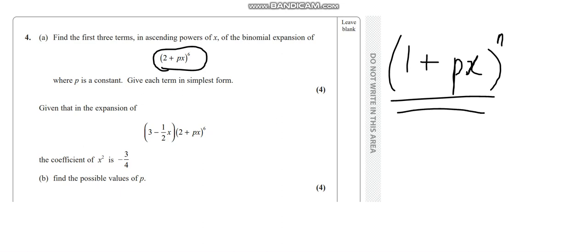But as you can see, we have 2 here. So what we can do is take that as a common factor and take it out of the bracket.